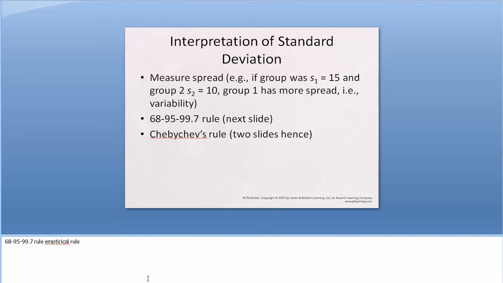These figures, 68, 95 and 99.7, have been worked out by looking at just data. That is why it's called empirical. It's not proved mathematically, but empirically it is evident. Let me correct the spelling here. Okay, empirical rule. Let's go to the next slide.